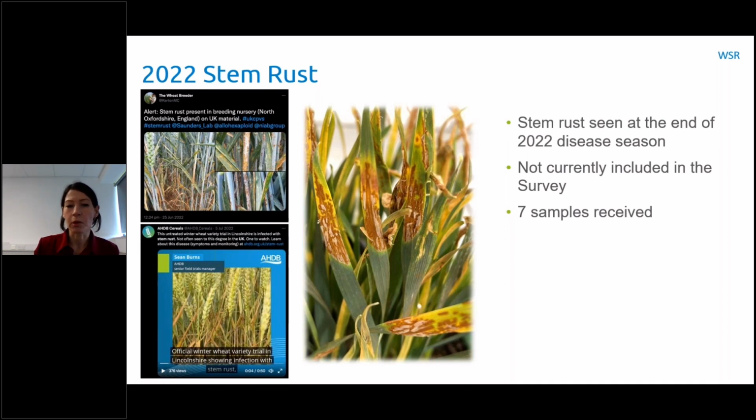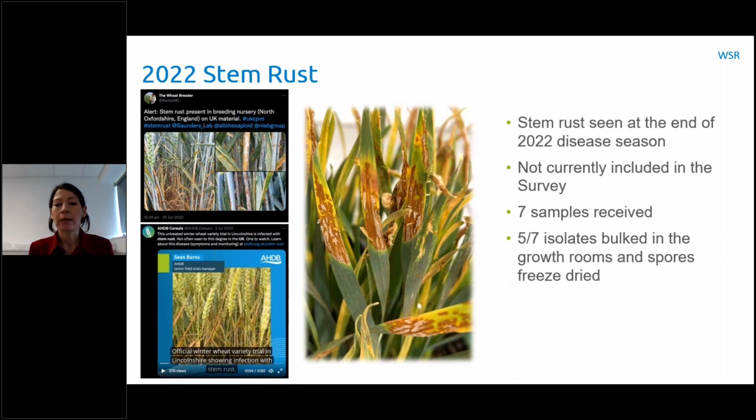NIAB would absorb the cost of that. I bulked 5 of my 7 isolates in the growth rooms, and I've stored the spores as freeze-dried spores. That's really important just because we will be using those isolates for future research projects, so it's great to have those in our collection here at NIAB.